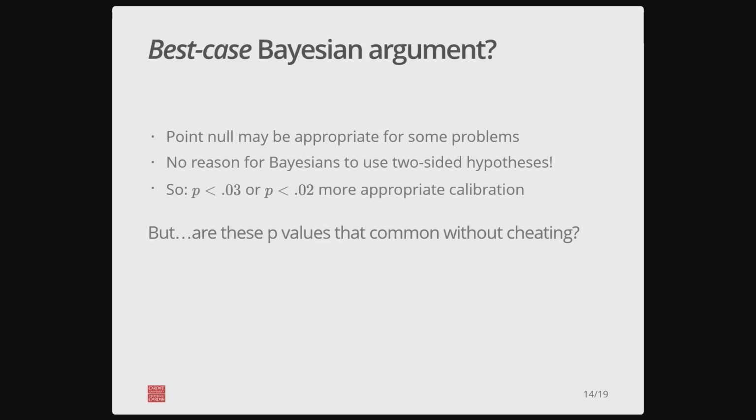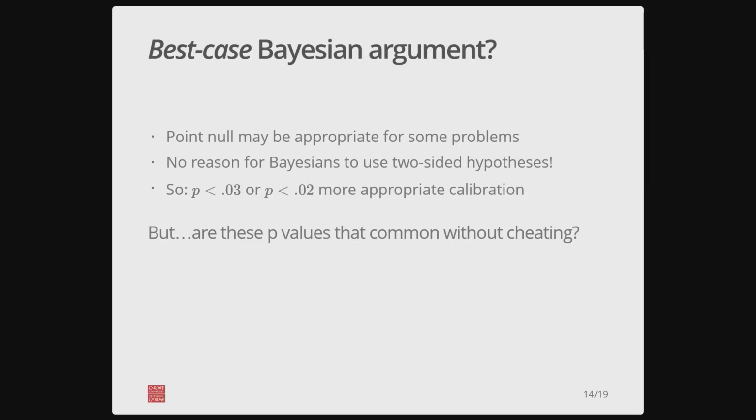I would say that's appropriate. But there's no reason for a Bayesian to use two-sided hypotheses because they can pick which one they want and evaluate the evidence that way. So now we're at the point where either p less than 0.03 or p less than 0.02 is the appropriate calibration, even by the argument that the team has used.